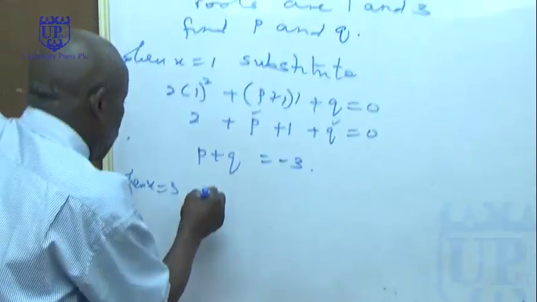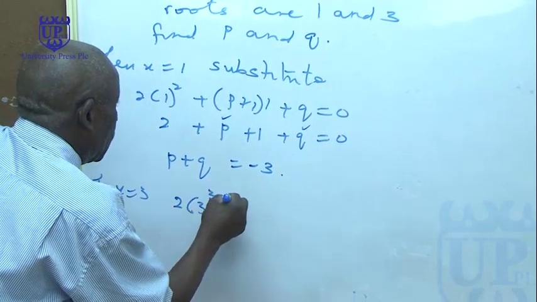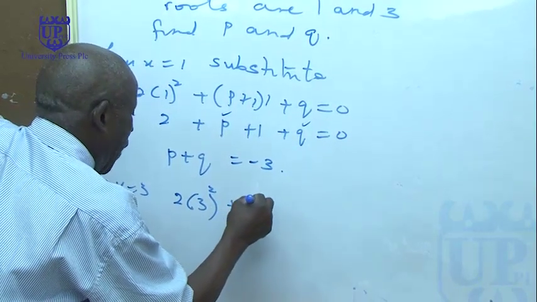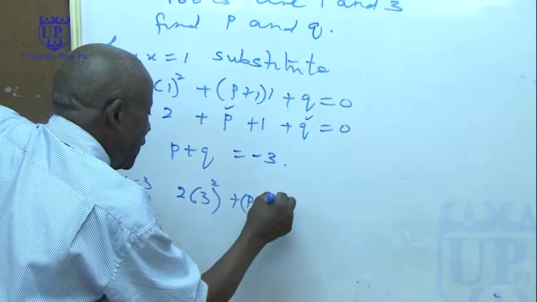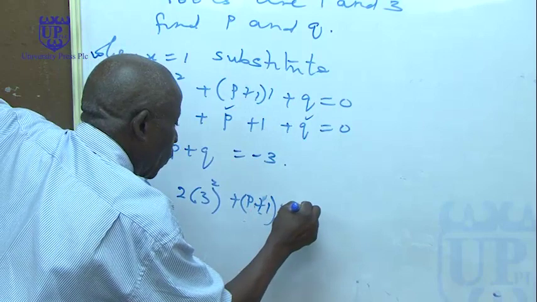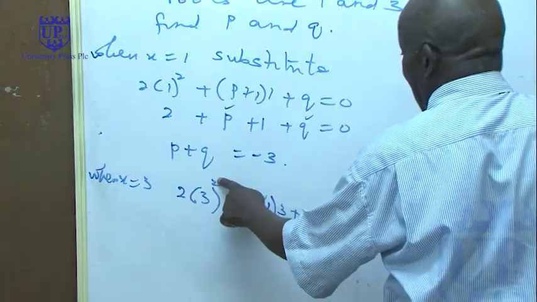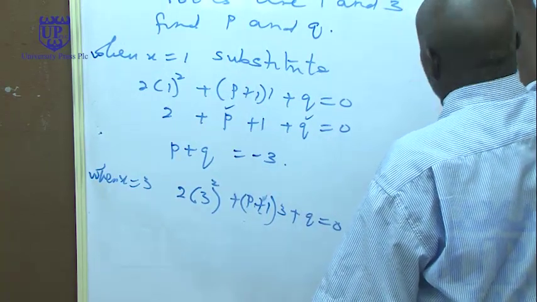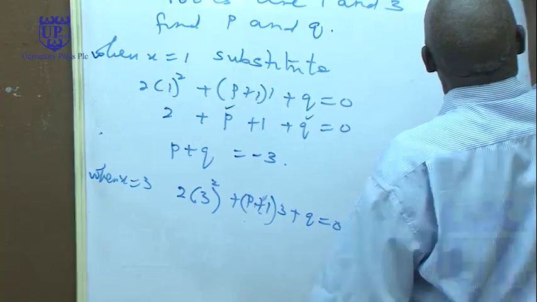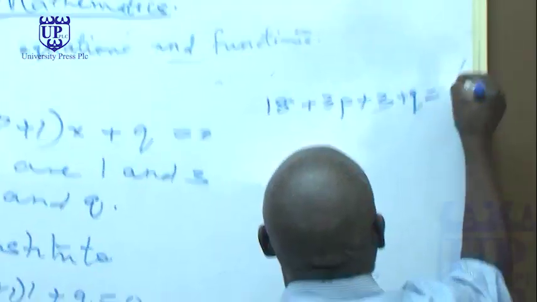It will be 2 into 3 all raised to power 2 plus p plus 1 multiplied by 3, plus q equals 0. Simplify that one. 3 square is 9, times 2, that is 18, plus 3p plus 3. Please, you open this bracket, plus q equals 0.